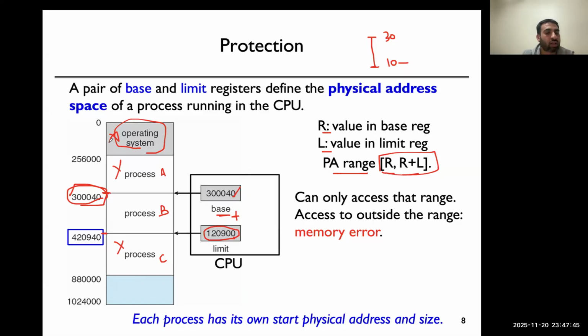For example, if process A was running, then this base register will be loaded with the value 256000, and then the limit will be set accordingly. I don't know what this limit is, but whatever it is, if we know it, we can simply put that value in the limit register.